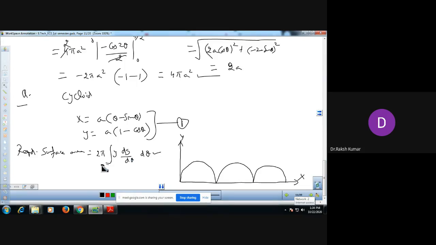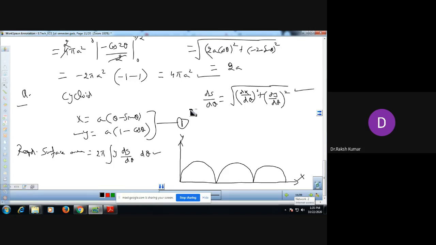And one more thing, the value of y is there. Now you just need to find out ds over d theta. And the formula for calculating ds over d theta was discussed earlier, I think. That is square root of dx over d theta whole square plus dy over d theta whole square. So you will calculate ds over d theta by this formula.